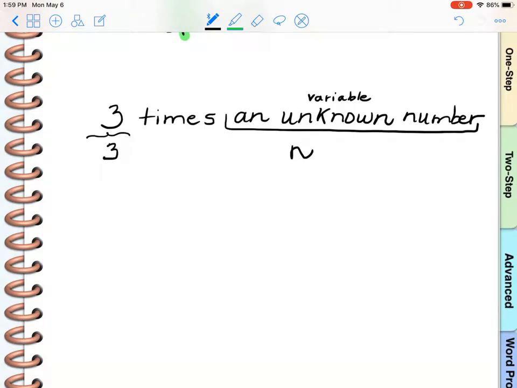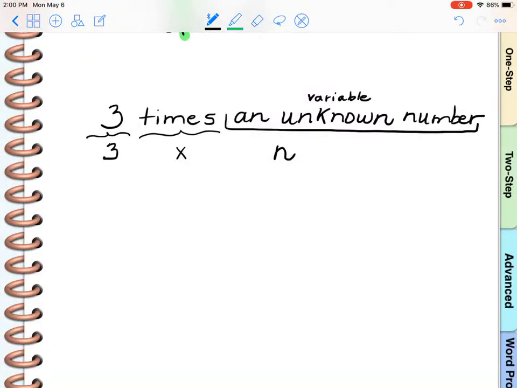So whatever variable, you could also use an X. You can use an A. You can use anything. But I like N because of number. So those two terms I can put together. But this thing, remember, I don't want to do that because that looks like the letter X.